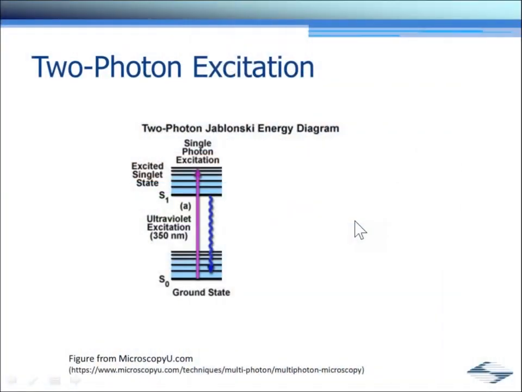Talking about two-photon excitation, in order to understand two-photon excitation, let's first understand one-photon excitation. What we're looking at here is half of a figure. This figure is showing single photon excitation of a fluor. Imagine that we have a fluor, and normally the energy level is here at the ground state.